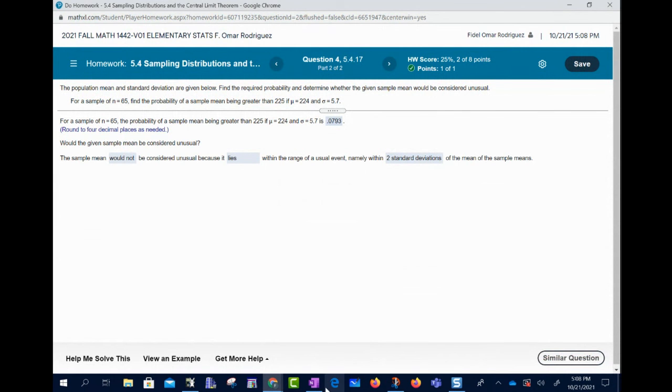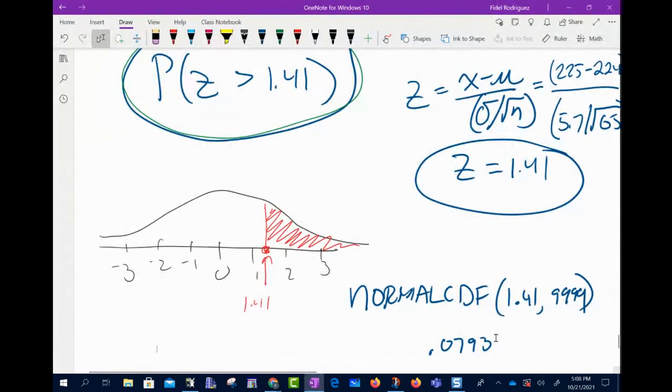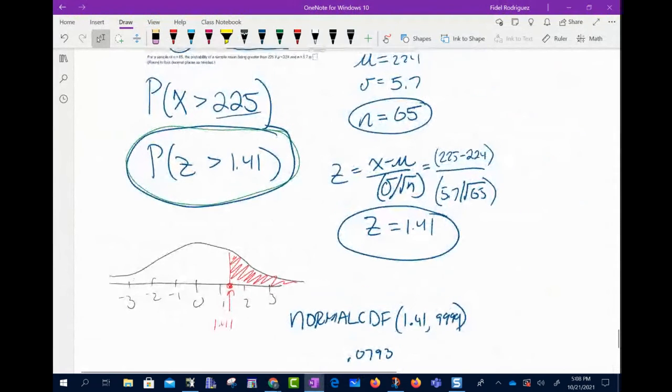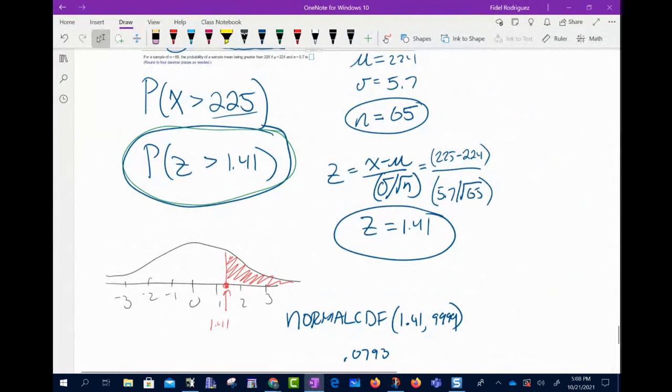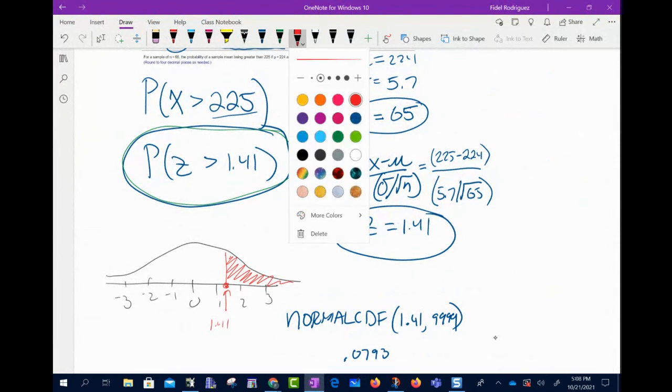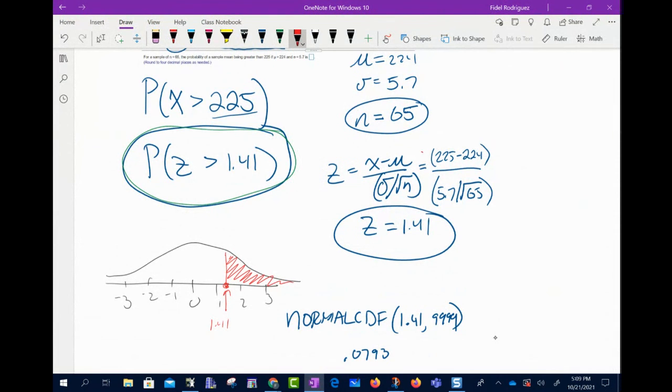Do you see, really the only difference, y'all, when I was doing this problem out of 5.4, the only part that was really different from anything else was how we did our z-score, and it was because of that part right there.